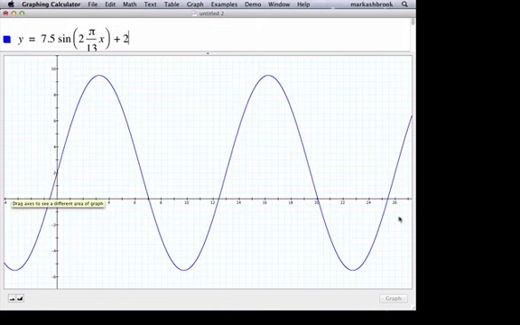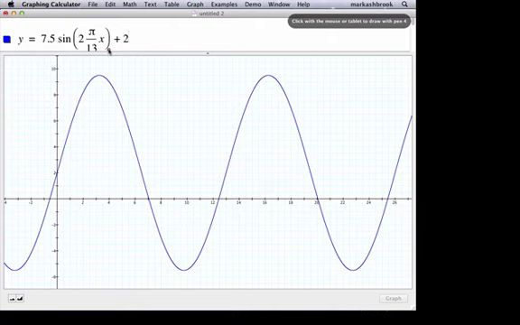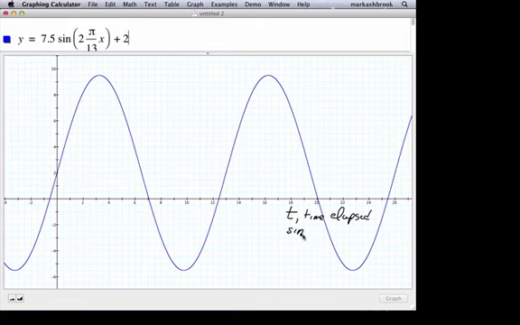Our x value, or the input, what does that refer to? It's time, but the entire thing in the parentheses is the angle. Right, exactly. What goes into sine is angle, but this is a function of time. Our input variable is time, so our x coordinate is time elapsed since the 3 o'clock position.